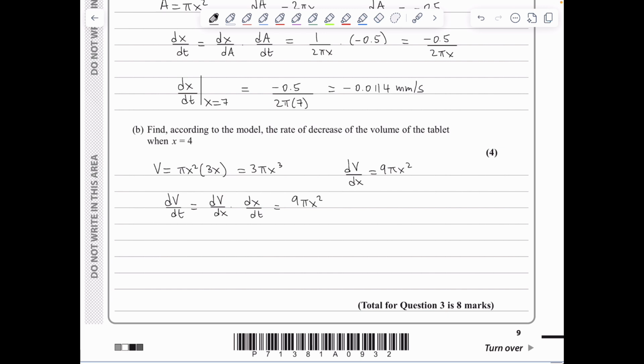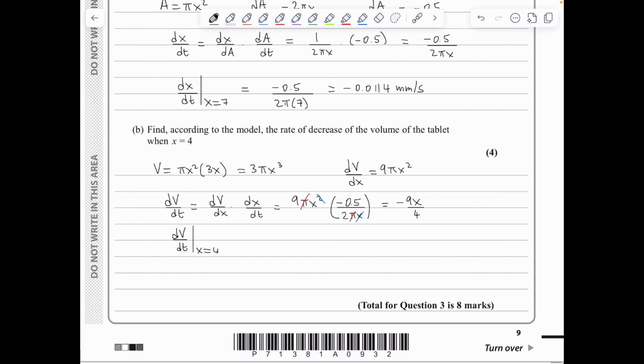dx/dt, we found this to be negative 0.5 over 2 pi x, where there are some simplifications I could proceed with the pi, and then we've got the x squared with the x. This is giving an answer of negative 9x over 4. So we will evaluate dV/dt when x is equal to 4.